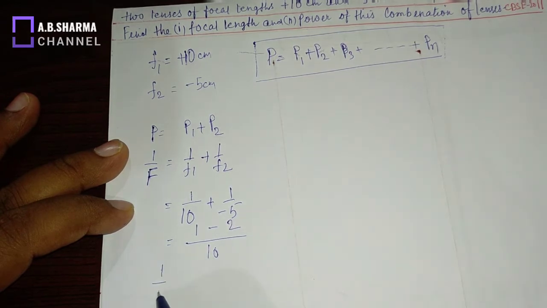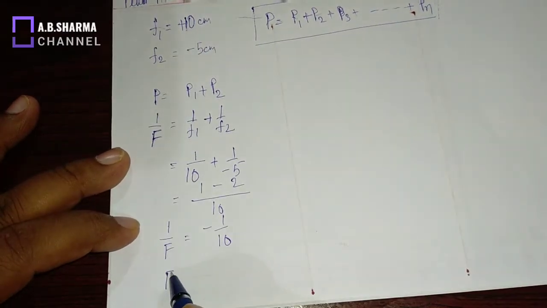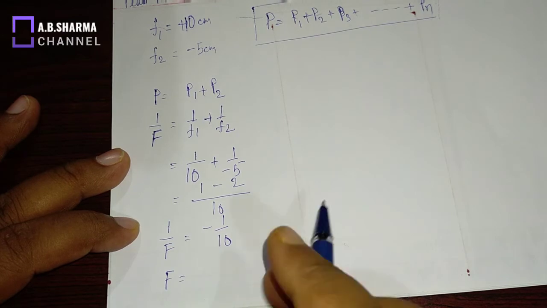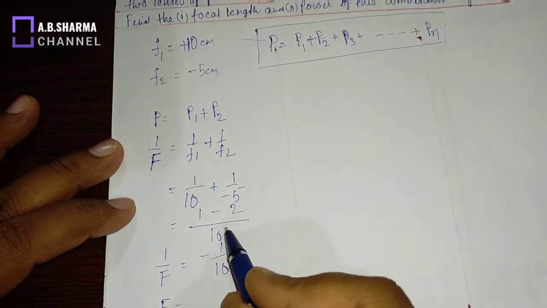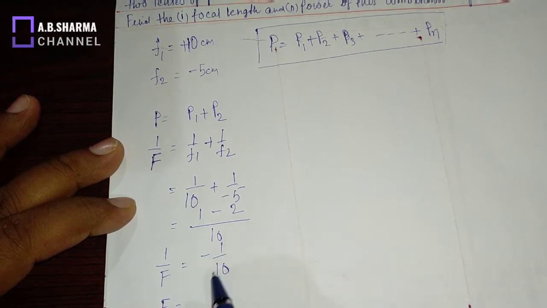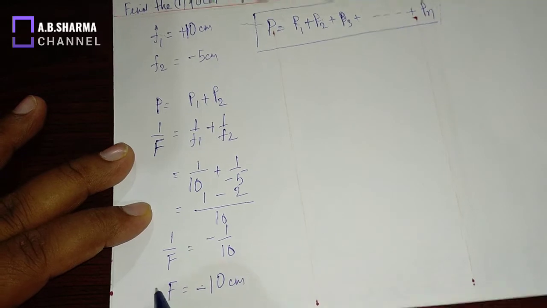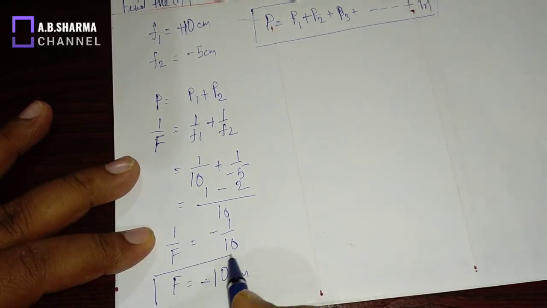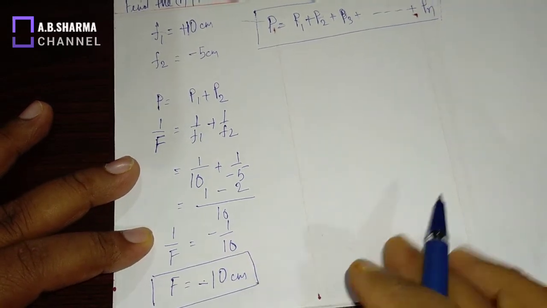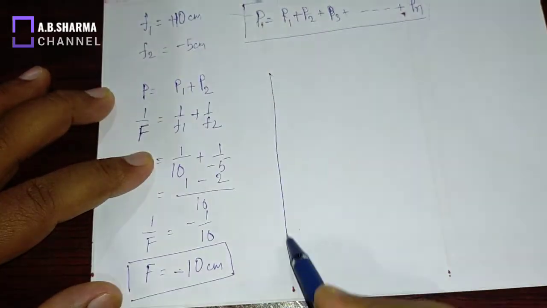So 1 over F equals to minus 1 over 10, or F equals to minus 10. This is the focal length of the combination. We have calculated the focal length of the combination.